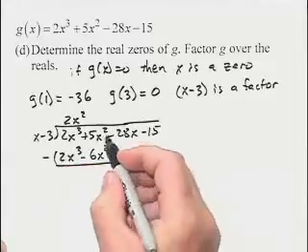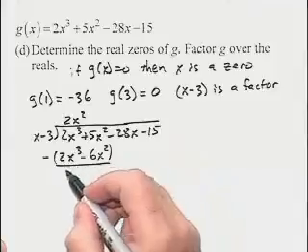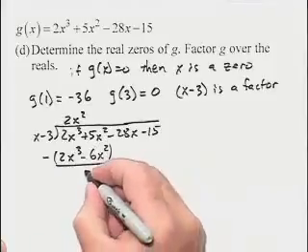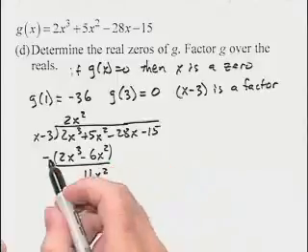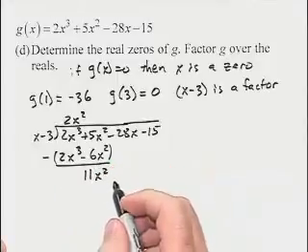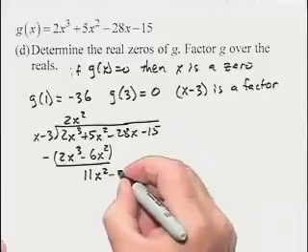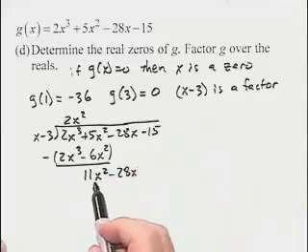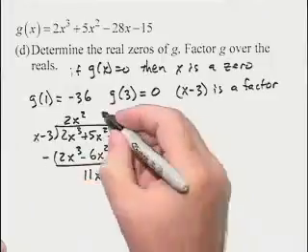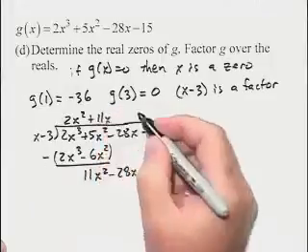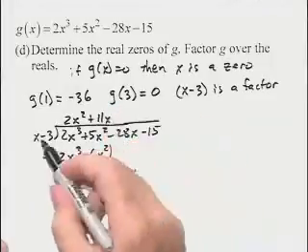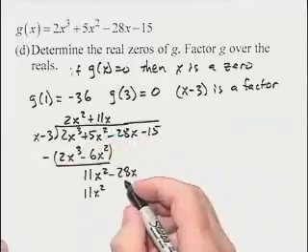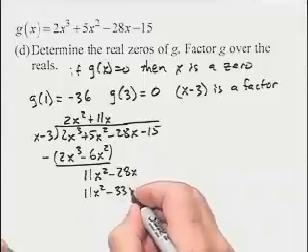We subtract that. 2x cubed minus 2x cubed is 0. 5x squared minus a negative 6x squared gives us 11x squared, since the minus the negative makes it plus. We'll drop down our minus 28x. To get 11x squared, we need to multiply x by 11x. 11x times x is 11x squared. 11x times negative 3 is minus 33x.